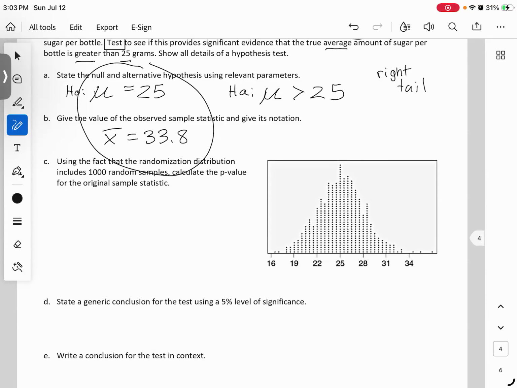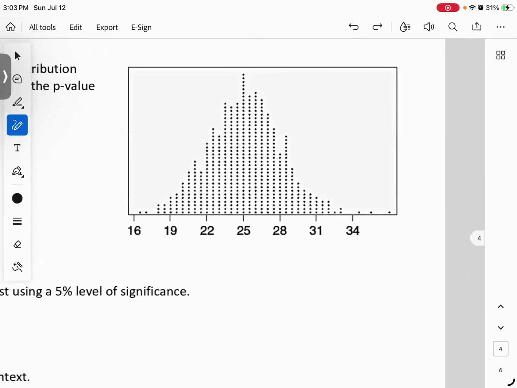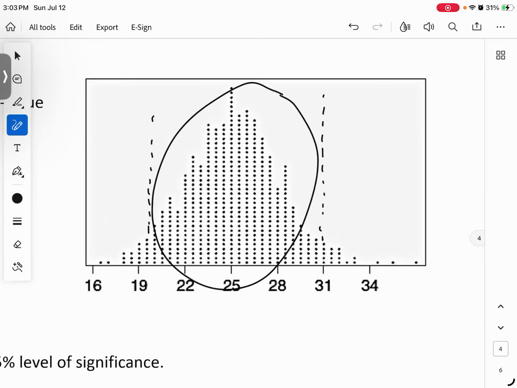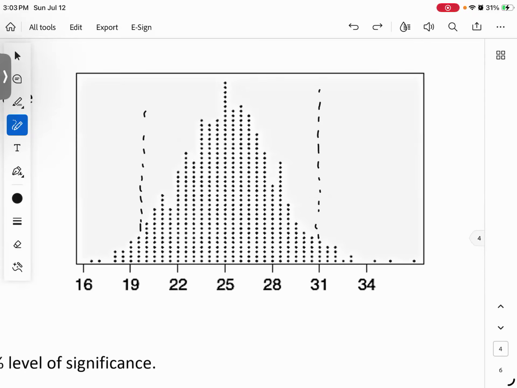But when we go down here to get the p-value, they've already given us a graph that has re-randomized 1,000 times what else could have happened by random chance. And anything from maybe here to about here would probably be the stuff that most likely happened by random chance. That was just a fluke. But anything on the outside probably was not a fluke.